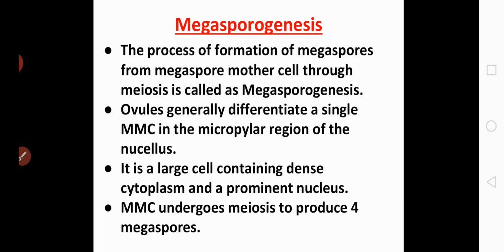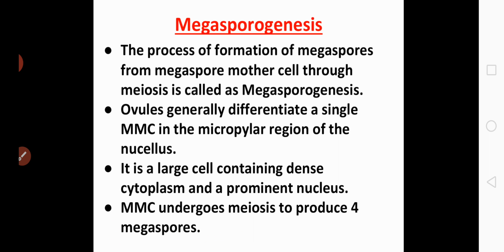Now, in the nucellus, it contains a female gametophyte, also called the embryo sac, and within the embryo sac, it consists of three groups of cells. At the micropylar end, it consists of egg apparatus. At the chalazal end, antipodals are present, and at the center, secondary nucleus is present. So these are about the structure of megasporangium, right?